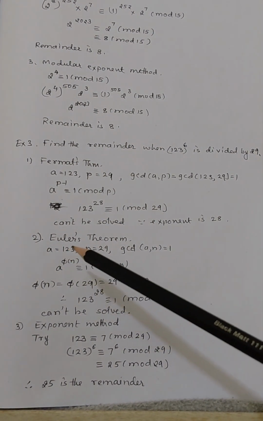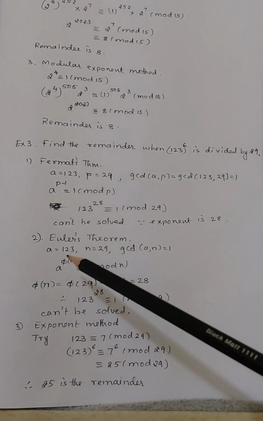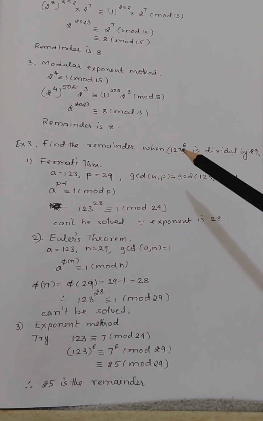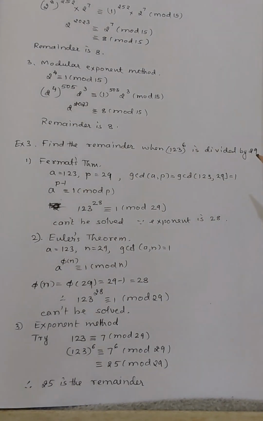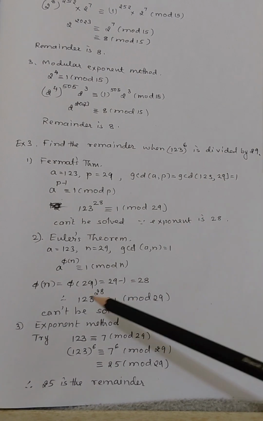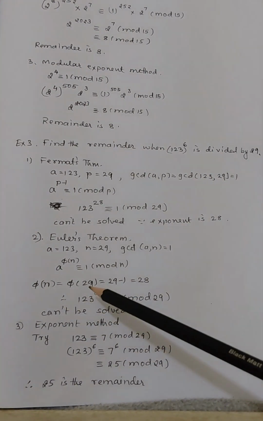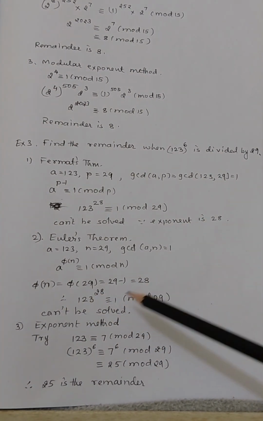Same is the case with Euler's theorem. So A is 123, this is N, and they are relatively prime. For 29 we have to calculate phi of n. 29 is a prime number, so phi of n is n minus 1, so it becomes 28.